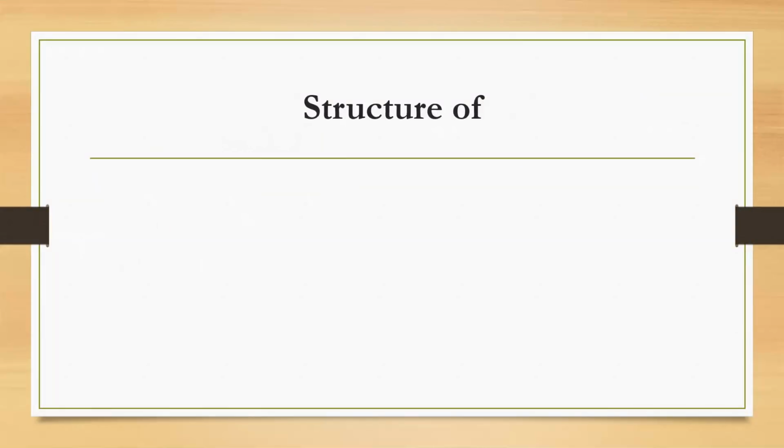Now, before moving to the application of biotechnology in the field of medicine, let me explain the structure of pro-insulin as well as insulin here. The reason is, at the beginning we are going to discuss the production of artificial insulin, which is used for the treatment of diabetic patients.